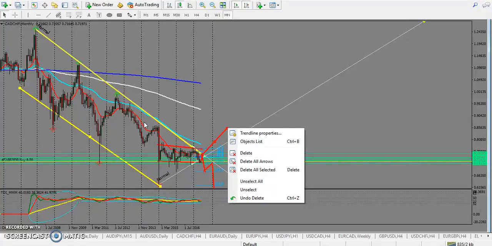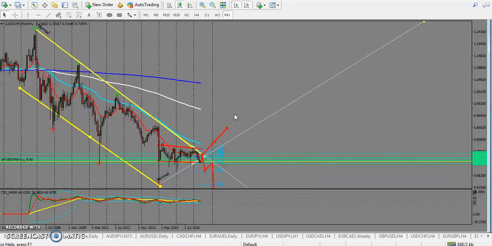Considering it's still in the channel, you still have to be careful on this one. But if it does go, take advantage of that. Right now I just wanted to show you guys that it is possible to spot channels and consolidation within the channel. You can spot either one.